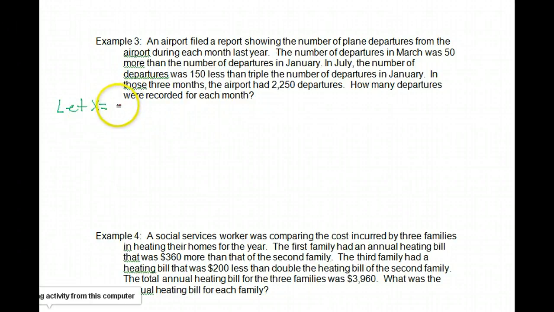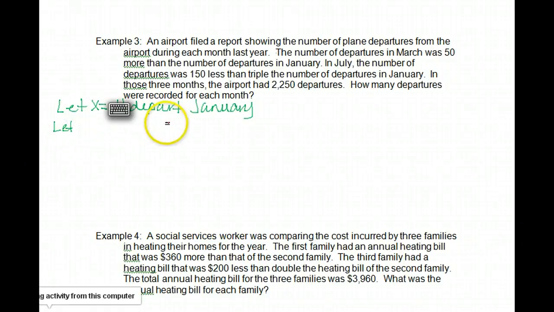So we're going to allow X to be the number of departures in January. And after that, we can focus on writing an expression in terms of X for both March as well as July.